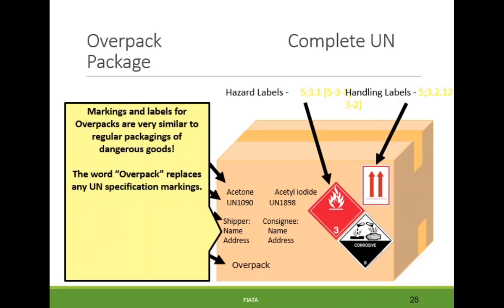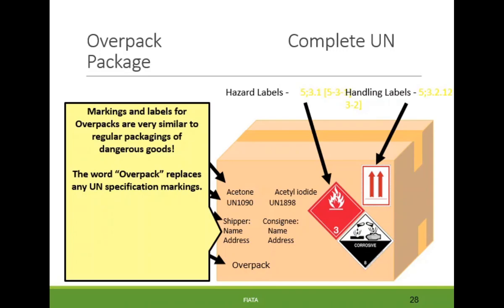And on this, you will see the United Nations substance identification number of the 2 different classes clearly marked on the package. It also should have shipper's name and address, consignee name and address. And this is for overpacks. The word overpack replaces United Nations identification number.